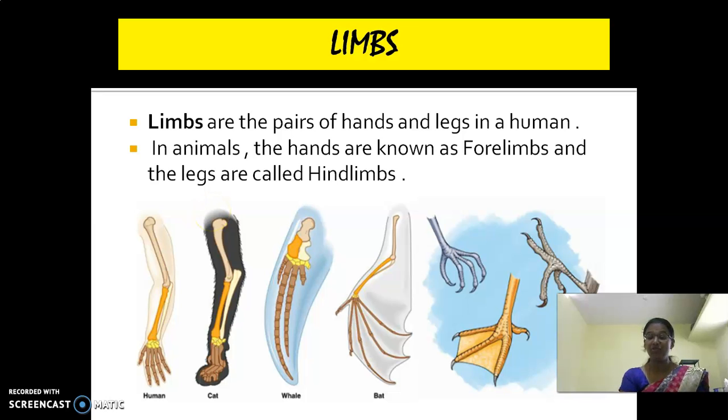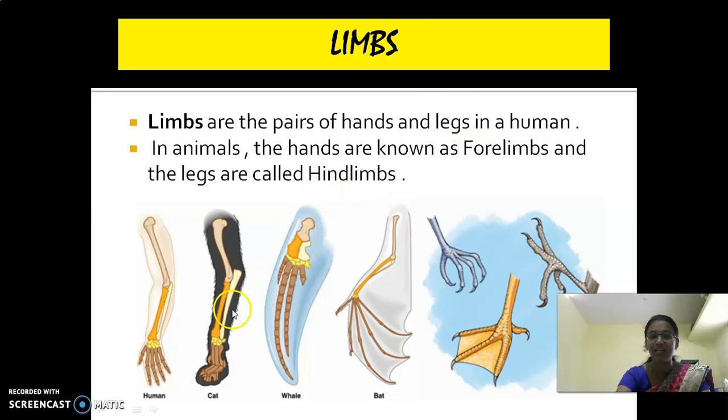In human beings, we call them hands and legs. We have one pair of hands and one pair of legs. But in animals, we call the hands forelimbs and the legs hind limbs. Just note it down: forelimbs and then hind limbs.